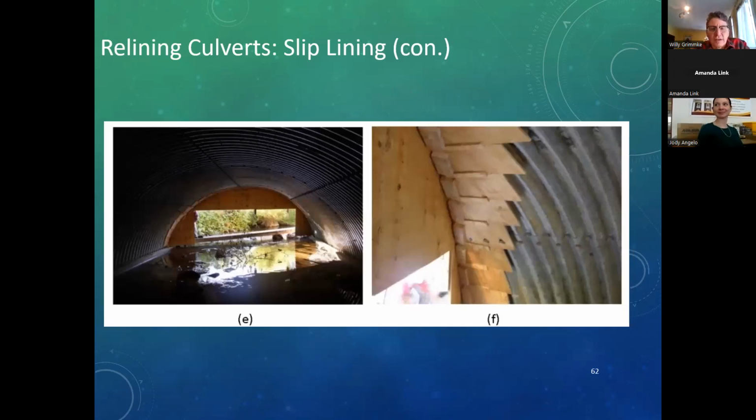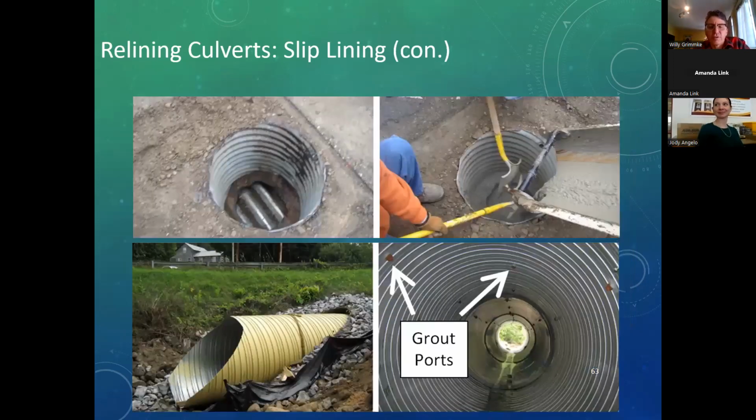So that annular space got filled with grout, and in this case, we had the ability to excavate from the top, cut through the crown of the old arch, and use self-leveling grout there.